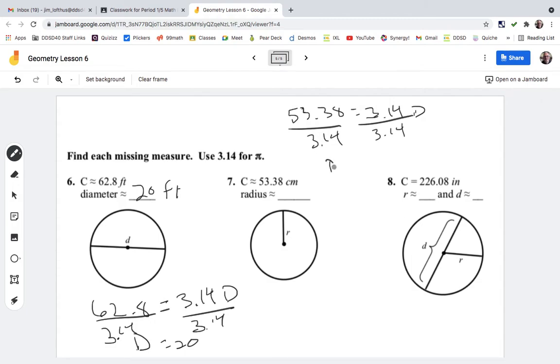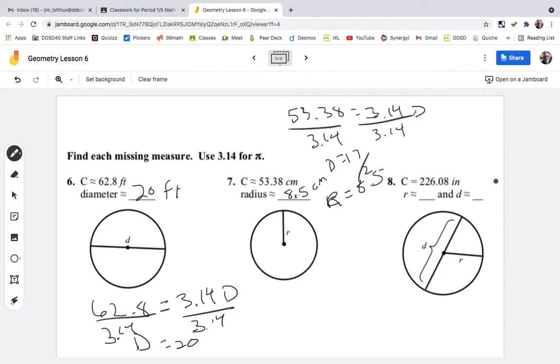So diameter equals 17. And then we're going to have to divide that by 2, 8.5. So radius equals 8.5 centimeters.